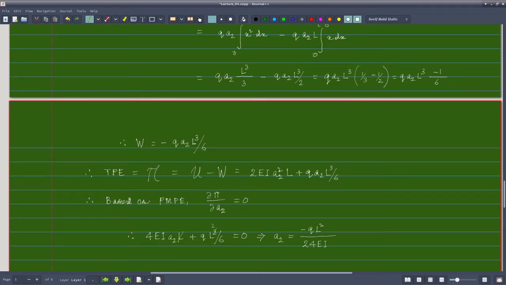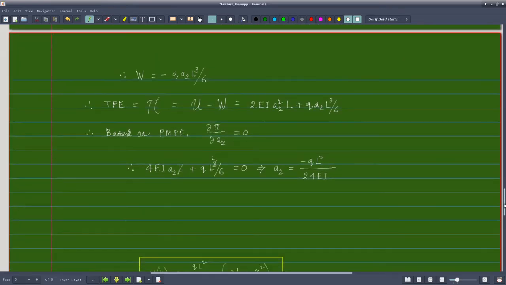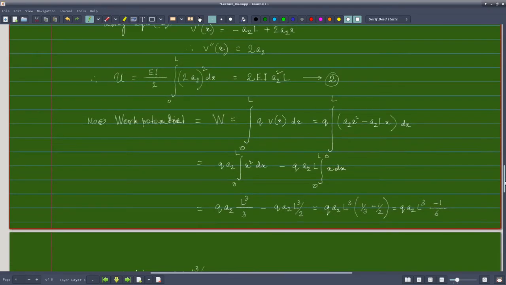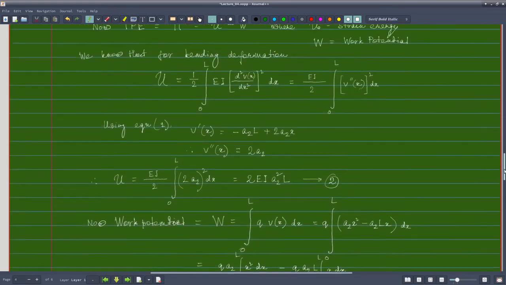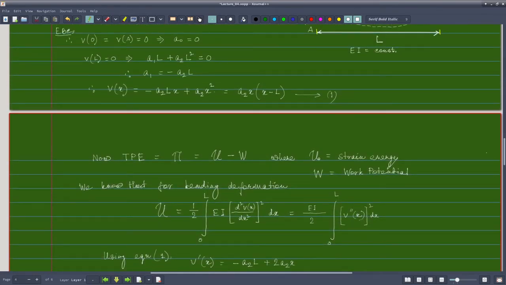So this is my value of A2, and therefore now I can write my Vx as a2x square minus a2lx, or a2x into x minus l.